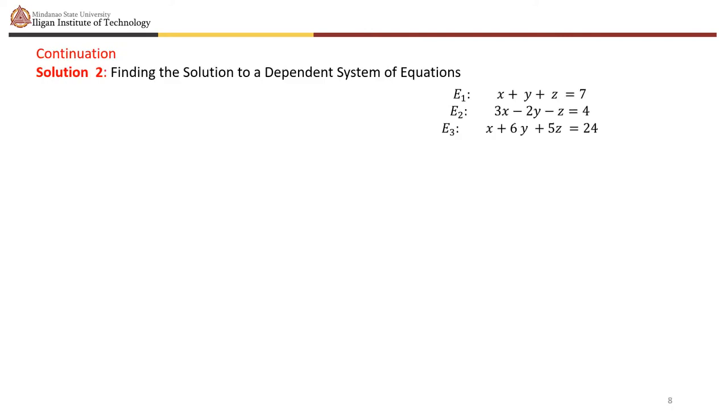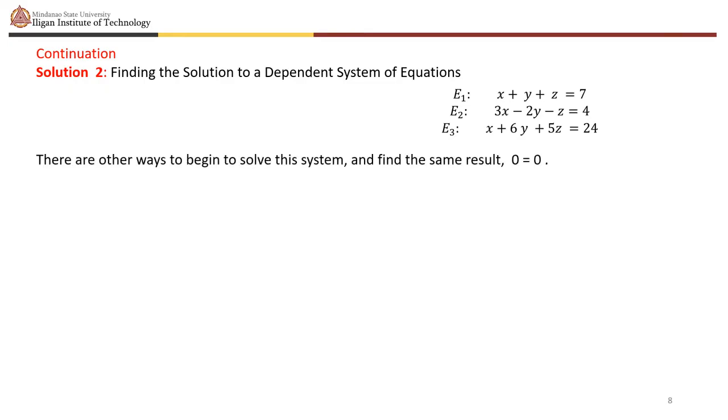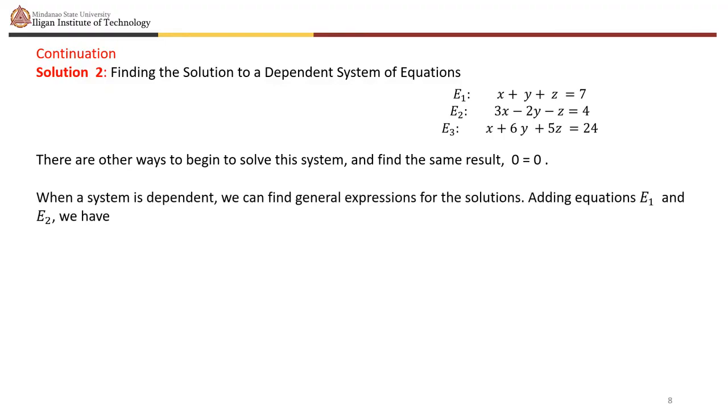Now, in finding the solution to a dependent system of equations, there are other ways to begin to solve the system and find the same result, 0 is equal to 0. So, when a system is dependent, we can find general expressions for the solutions. And adding equations e sub 1 and e sub 2, we have the following.